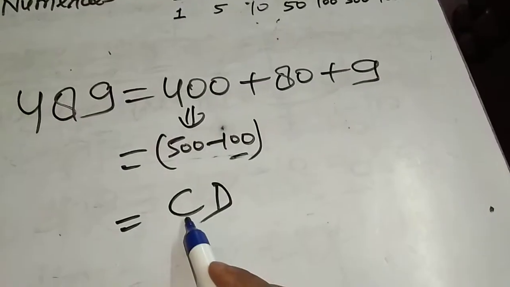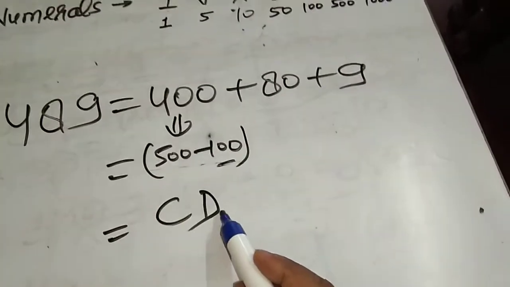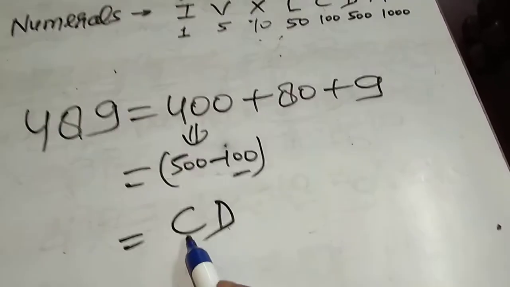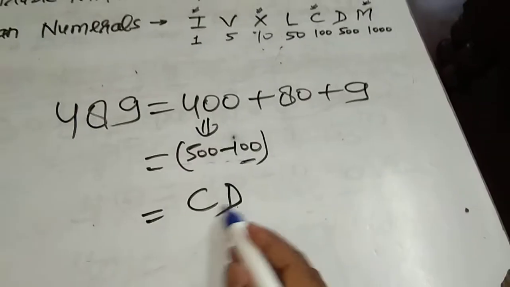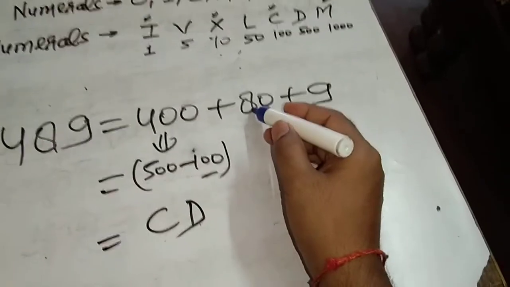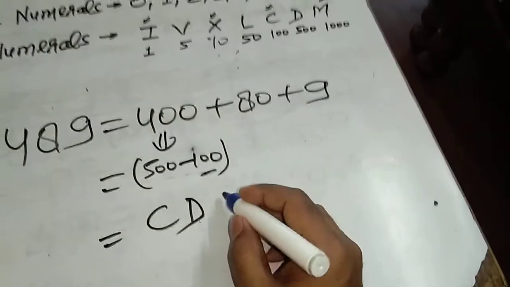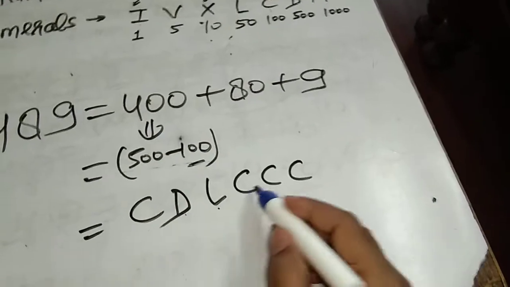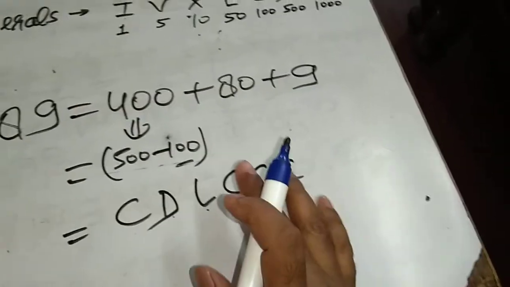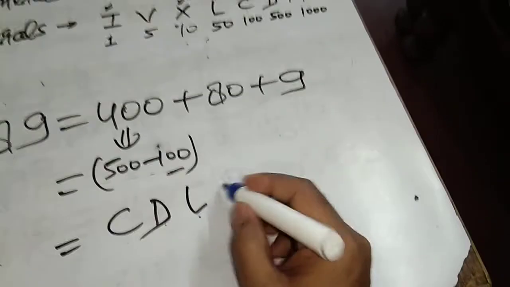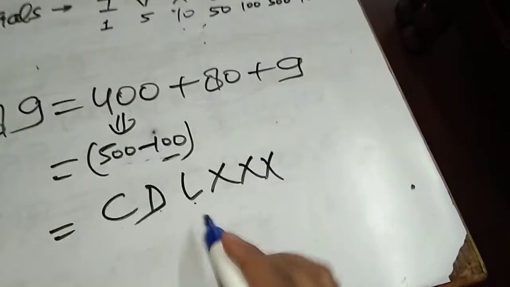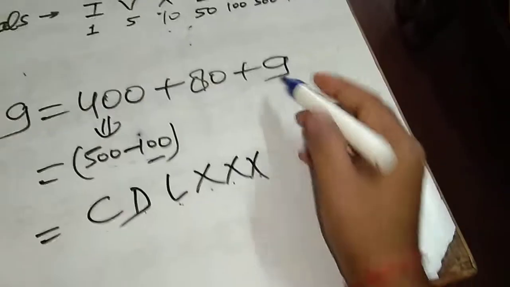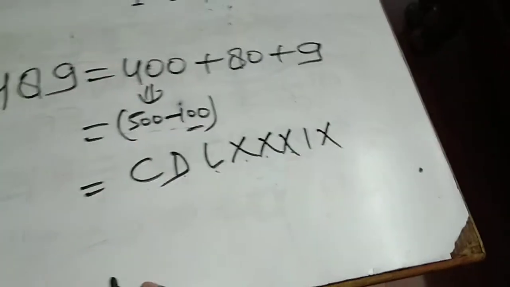The meaning of C is 100 and D is 500, and the smaller symbol is written first, so subtraction takes place. CD becomes 400. Then 80 we can write as LXXX: L is 50, X is 10, 50 plus 10 plus 10 plus 10 is 80. Then for 9 we can write IX.